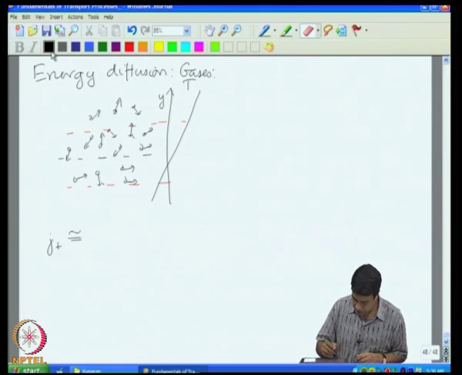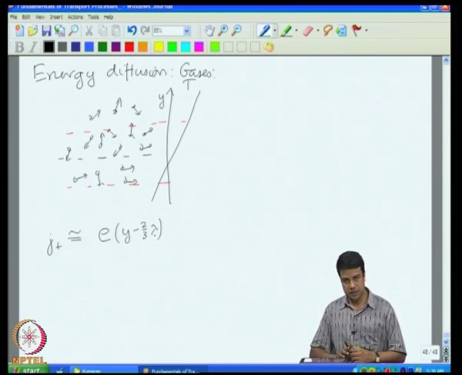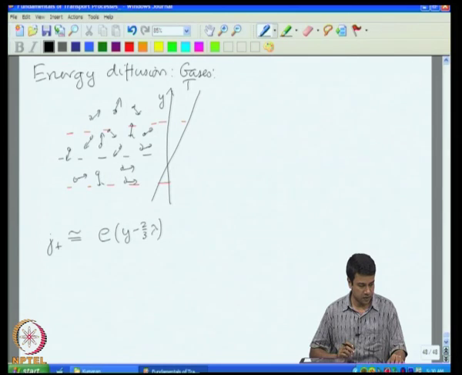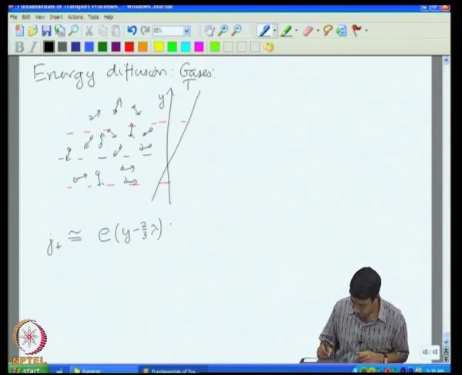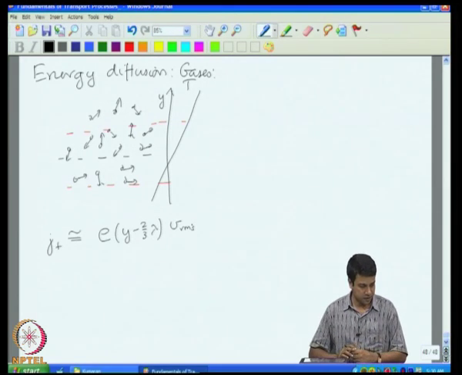So this is going to be equal to the energy at y minus 2 by 3 lambda. This is the specific energy, the energy density, at a distance y minus 2 by 3 lambda, into the RMS velocity across the surface.